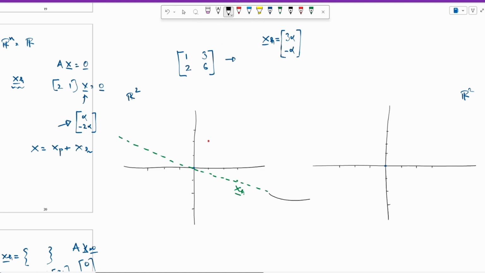So this always goes to 0 under the transformation A. Now I'm asking, where does this point get transformed to? 2, 1. This is 2, 1. Well, you don't have to worry so much. You simply multiply A, you compute AX. I've given you X. This is X.